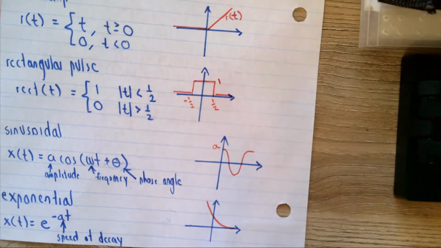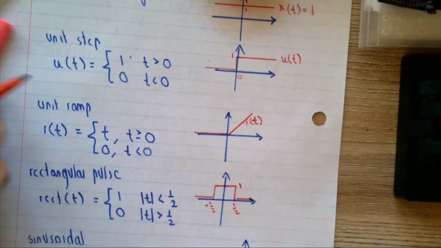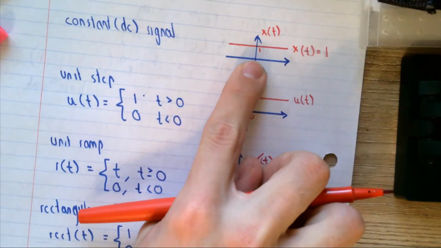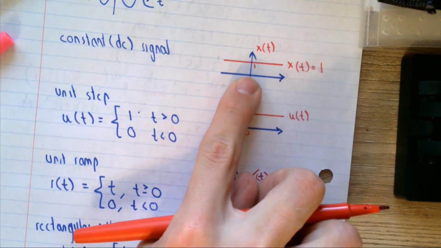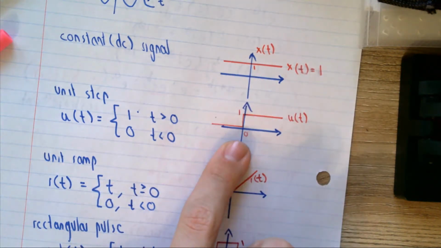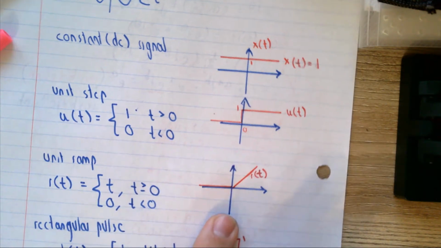And so that covers the main ones you need to know. Starting back up from the beginning, the constant DC signal is just a constant you have at your output graph. The unit step is just a step at time equals 0 to 1. The unit ramp is a ramp basically for time after 0.